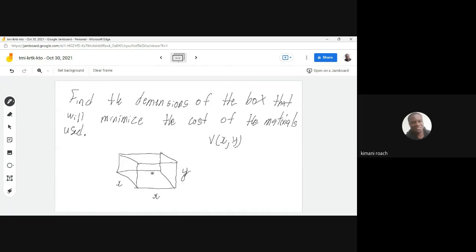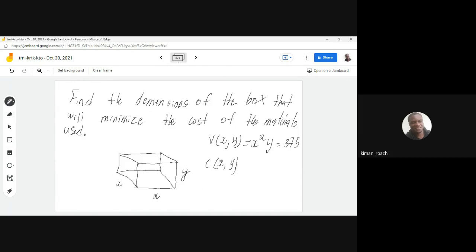The volume of our cuboid, which is what our box here is representing, is going to be length times width times height. So that's x times x, which gives us x squared times our height, which is y. And that must be equal to 375. Now we want to find a cost function as it relates to the dimensions of the box, right?